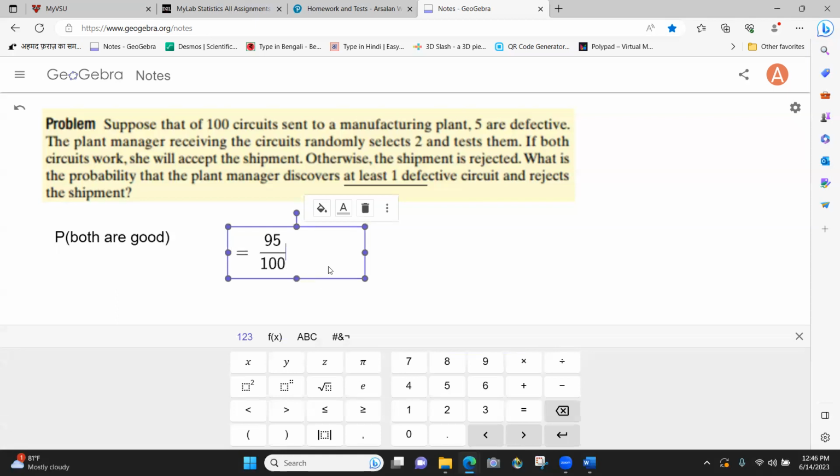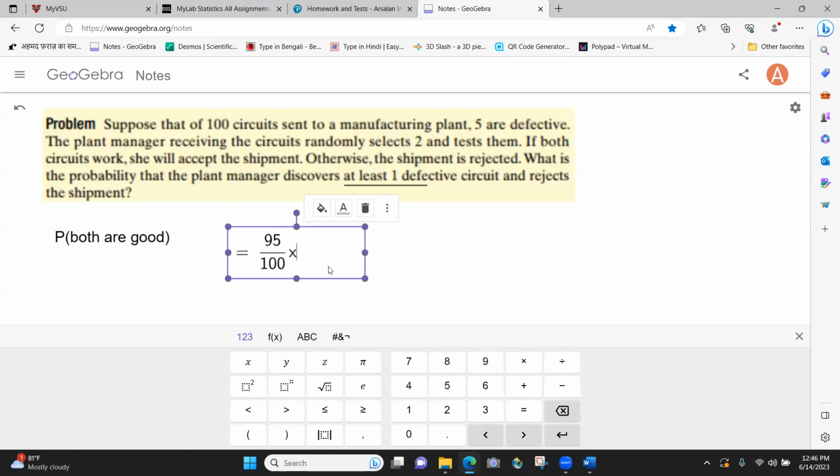Now, remember the generalized probability is based on the condition that you got a good one first. So now I'm going to multiply it by the probability of getting a second good one. Now, you have to be a little careful here, guys. You don't have 100 circuits anymore. You pulled one out.